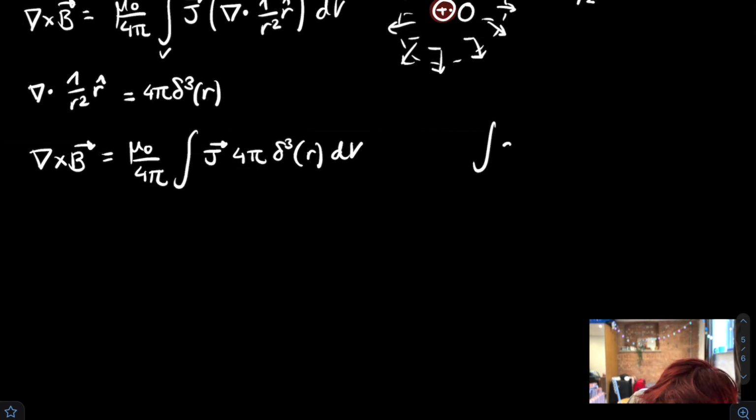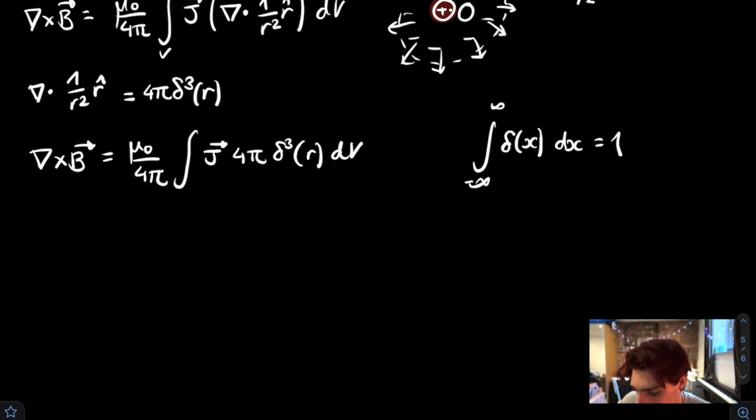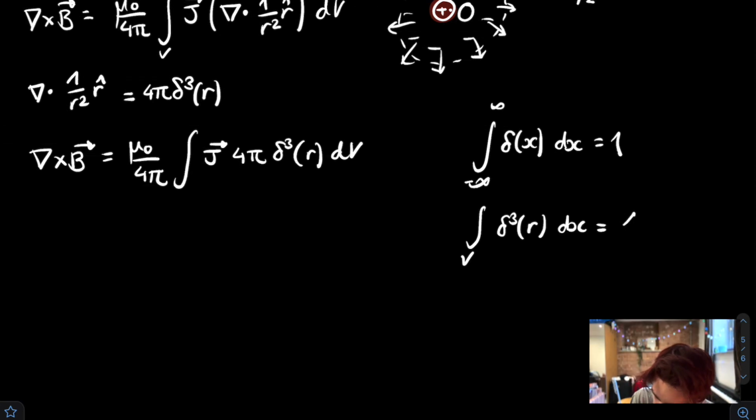The area under a delta function across all space integrated over x is equal to 1, and the same thing happens in 3 dimensions, except the integral over a cubic delta function is simply equal to 1. So we can write mu naught over 4 pi, bring our 4 pi out, and see they're going to cancel, and our delta cubed dV term is just going to equal 1.